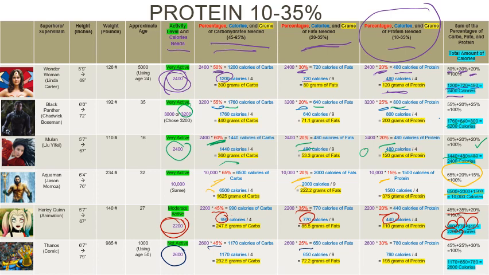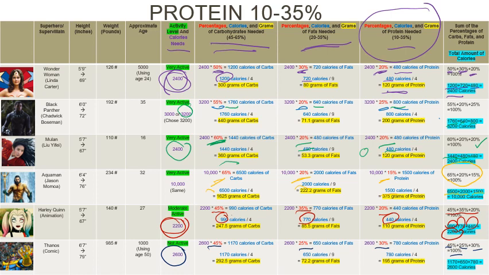And when you calculate 45 plus 25 equals 70. So 100 minus 70 equals 30. So see, 45 plus 25 plus 30 equals 100%. You have to make sure this equals 100%.